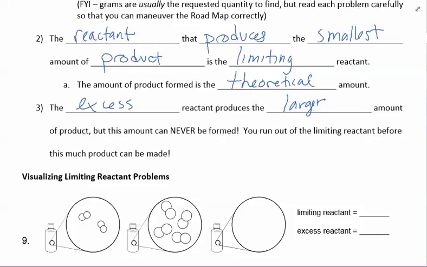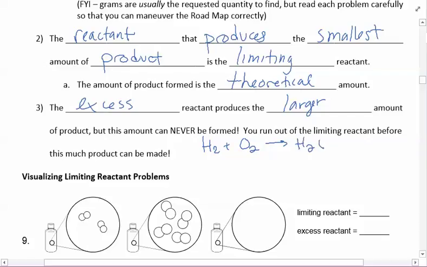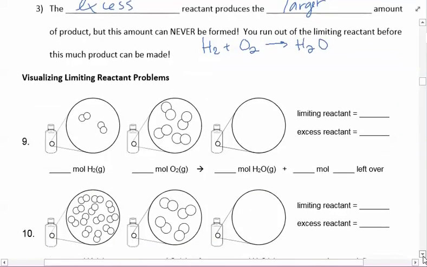Okay, so we're going to visualize this with a more basic reaction to help us see what's happening here. We're going to be looking at hydrogen plus oxygen to make water. Before we start this, you can think about this as making a sandwich.